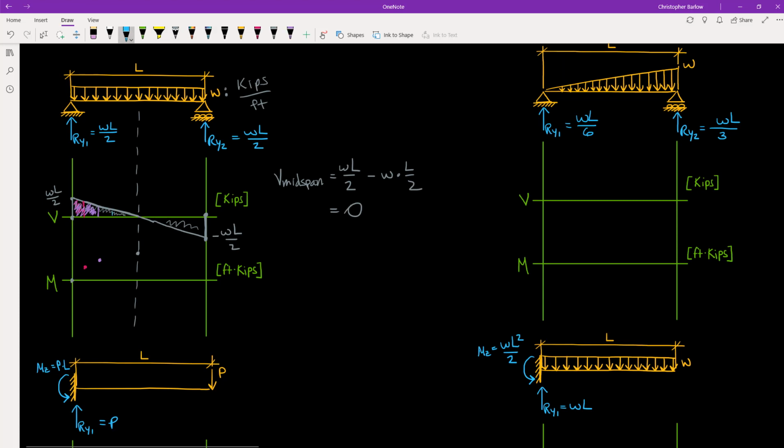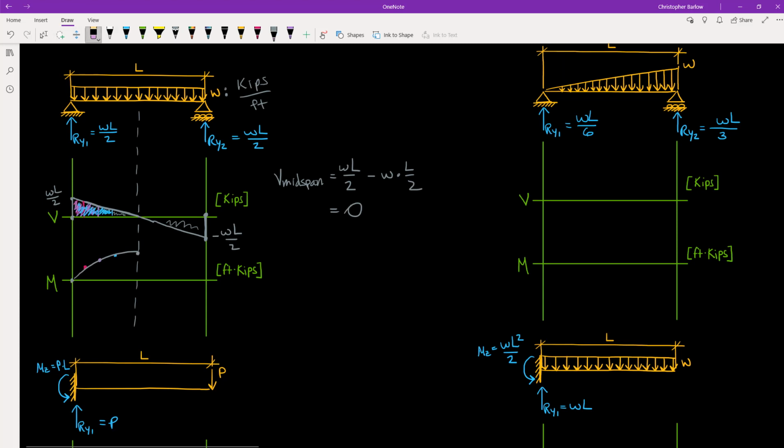Moving further to the right, the same thing would occur. The amount that we gain is not as much as we gained previously, but the total amount is still more. And so if we were to connect these points, you would see that we form a parabola until we reach our point of maximum moment.